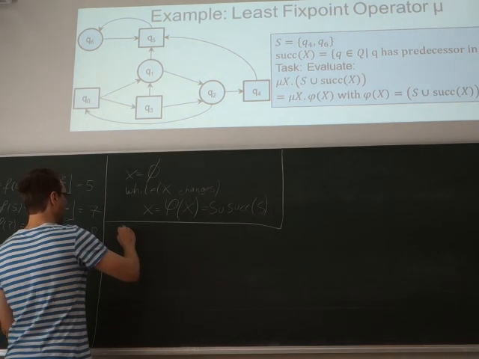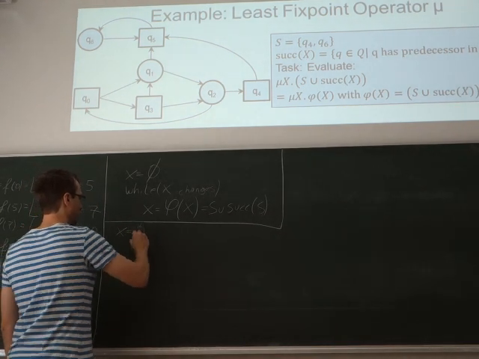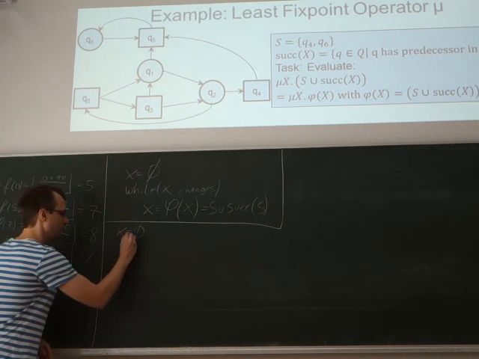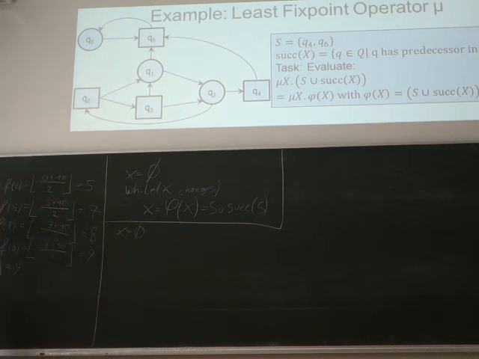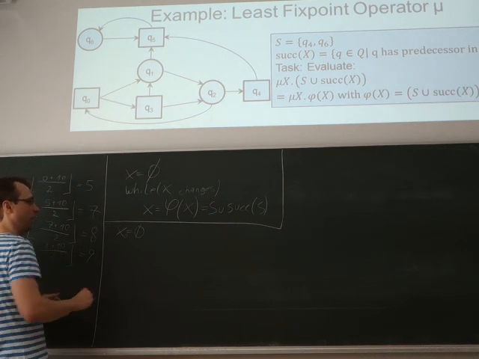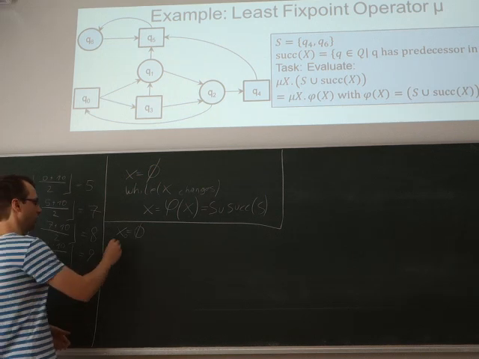So we start with x being the empty set of states, and as before I give all the x's an index to distinguish them from each other. The first time, we always enter this loop, because this condition has no real meaning before we have executed the body of the loop at least once.